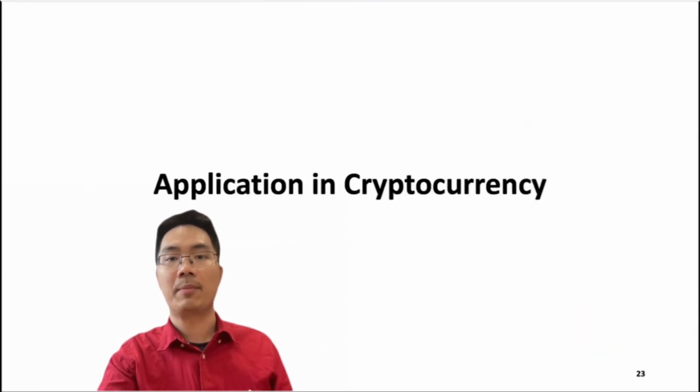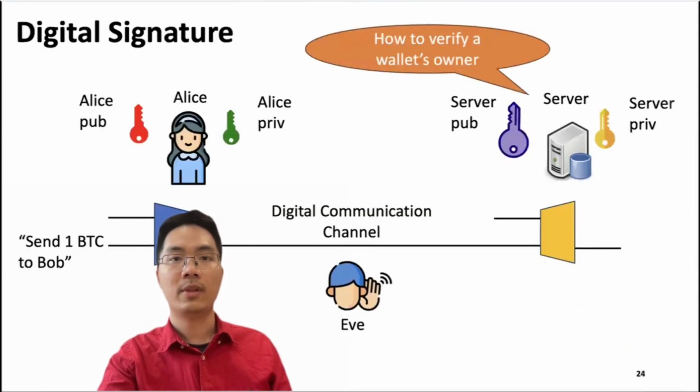Next, we will talk about an application of asymmetrical cryptography in cryptocurrency. Let's talk about a digital signature. In cryptocurrency, the server needs to verify a wallet owner with a transaction. For example, Alice wants to send one Bitcoin to Bob, so she will send the transaction to the server.